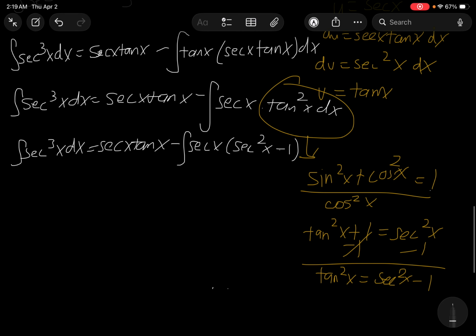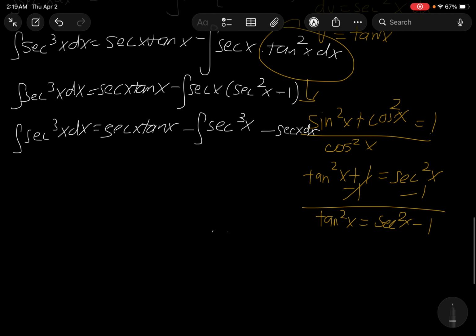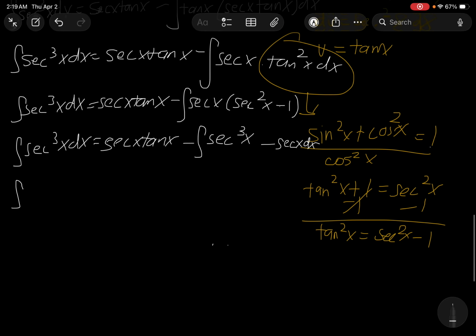There we go. And then we're going to FOIL that in. All right. And now that we've done all the algebra, we're going to factor in that negative in front of the integral.